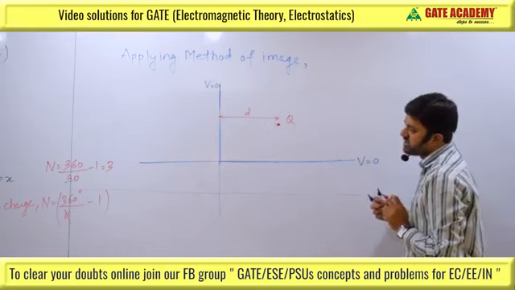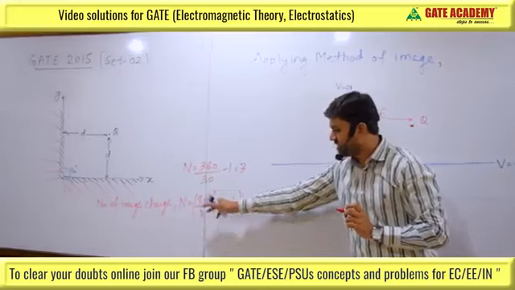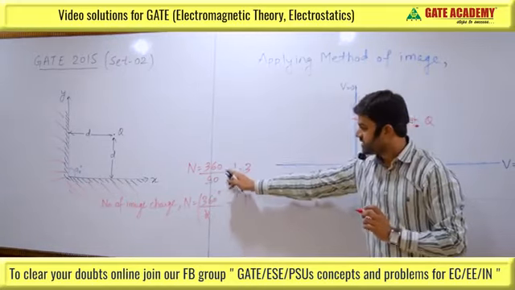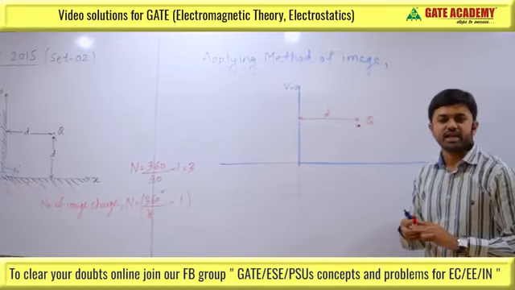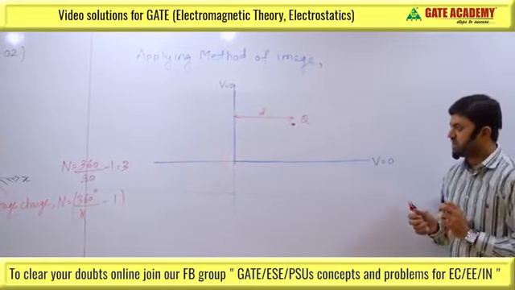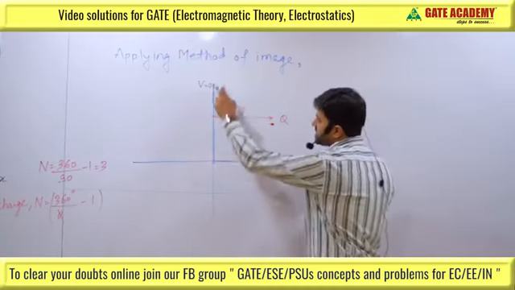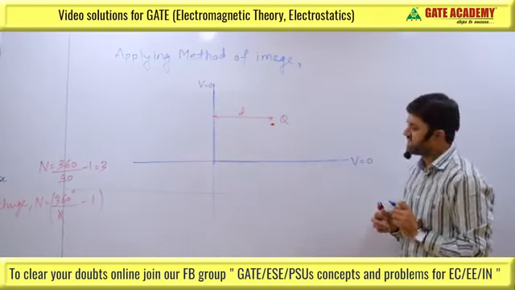Now we have to put 3 image charges because we have calculated how many image charges we require. So there we need 3 image charges to be placed. The image charges should be placed in such a way that this conducting sheet is an equipotential surface.